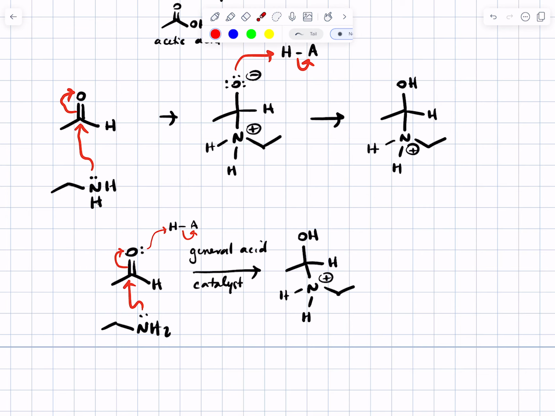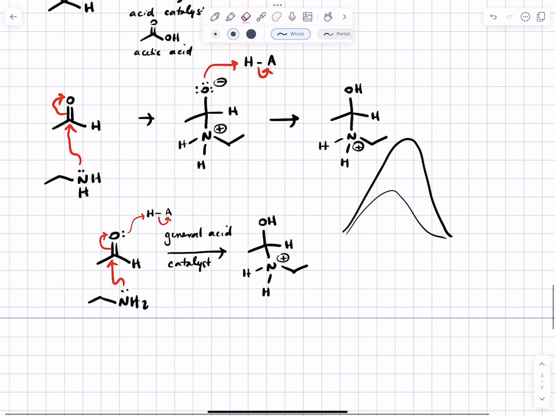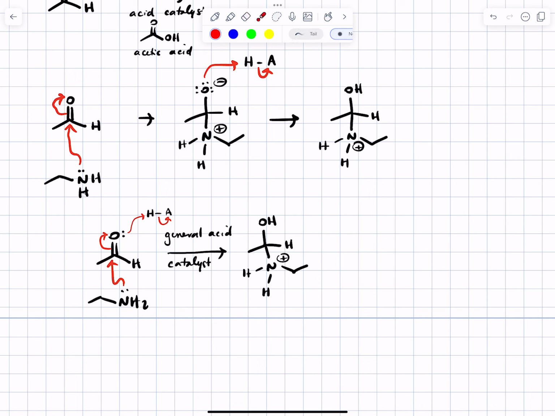So that's the whole concept of catalysis, where you want to do something, but the transition state is so high in energy that you can't get there, but then you add a catalyst and now the transition state's much lower in energy. So what I'm trying to tell you is it's probably a lower energy pathway as the nucleophile attacks to add the proton.